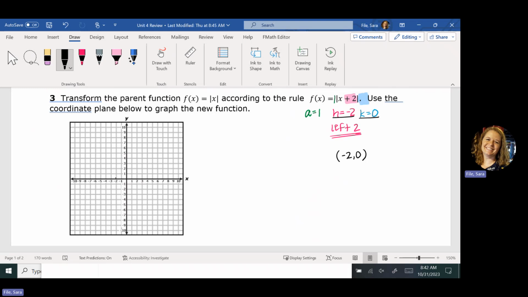So -2, 0. So I shifted left, but not up or down. And then I have a slope of 1. So up 1 over 1 for the right side of my absolute value. And then I reflect that over and have my graph.